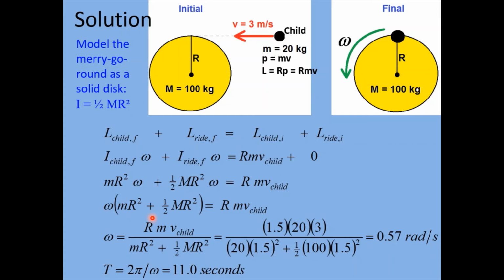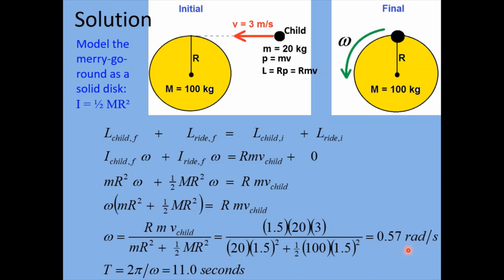We know the radius of the ride, the mass of the child, the initial velocity of the child, and that's pretty much everything. Oh, and this big M here is the mass of the ride, which is 100 kilograms. The little m is for the child. So plugging in all the numbers, we end up with the omega, which is the angular velocity of this whole system here, is 0.57 radians per second.